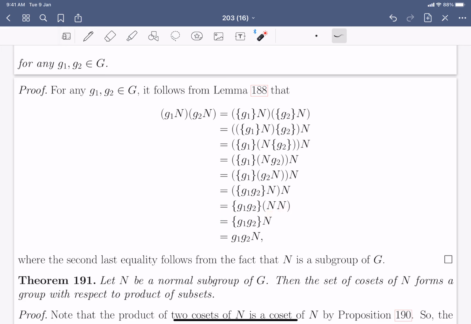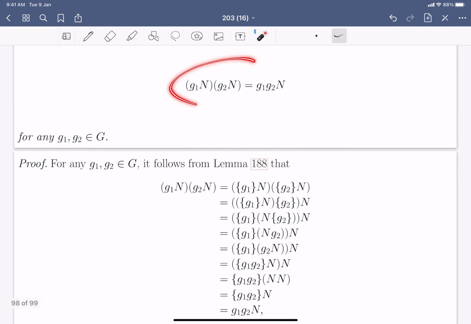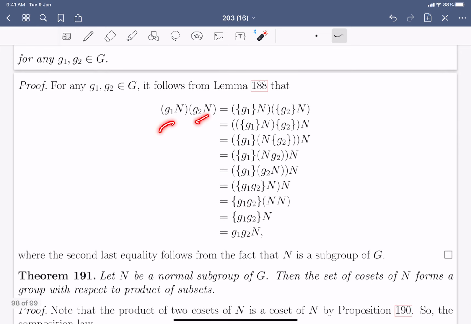This is what was required to prove, that g1N times g2N is the coset of N corresponding to the element g1g2. Okay, great.